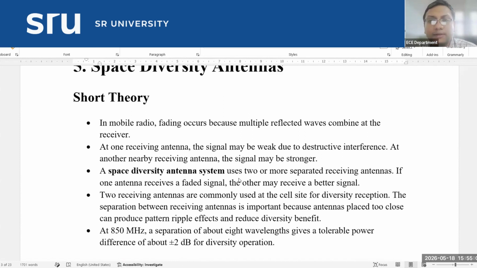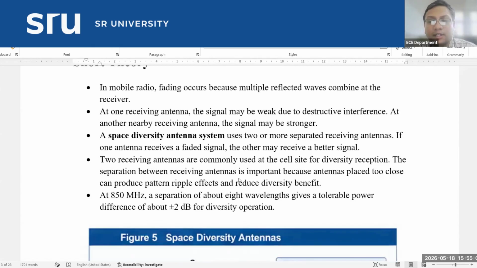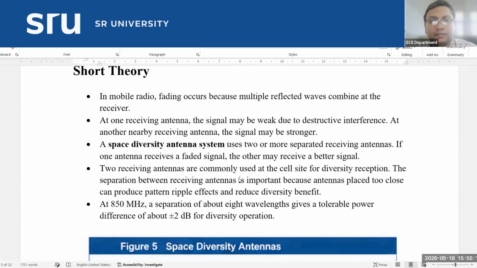Why is it so? Because mobile radio communication depends on multipath communication. And when there is multipath communication, fading occurs, because when multiple reflected waves combine destructively or at opposite phase, their signal strength gets reduced, and this is called fading.